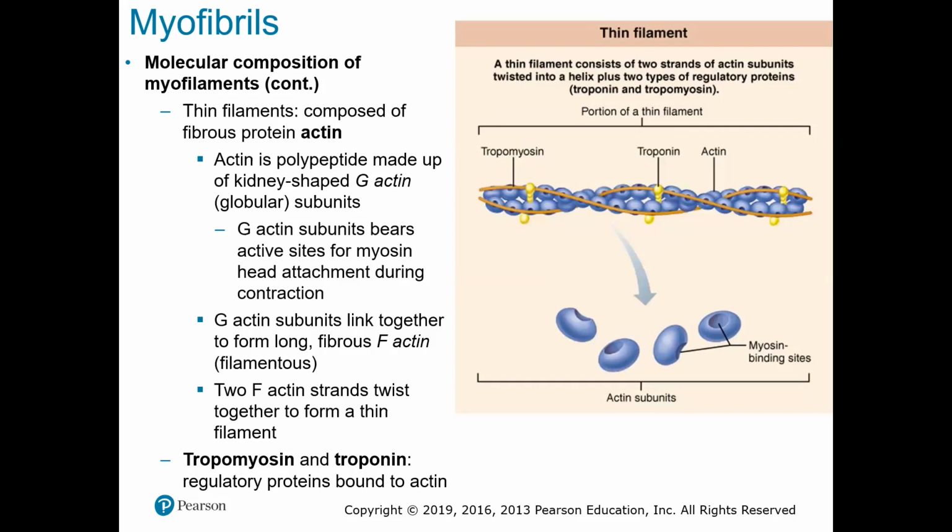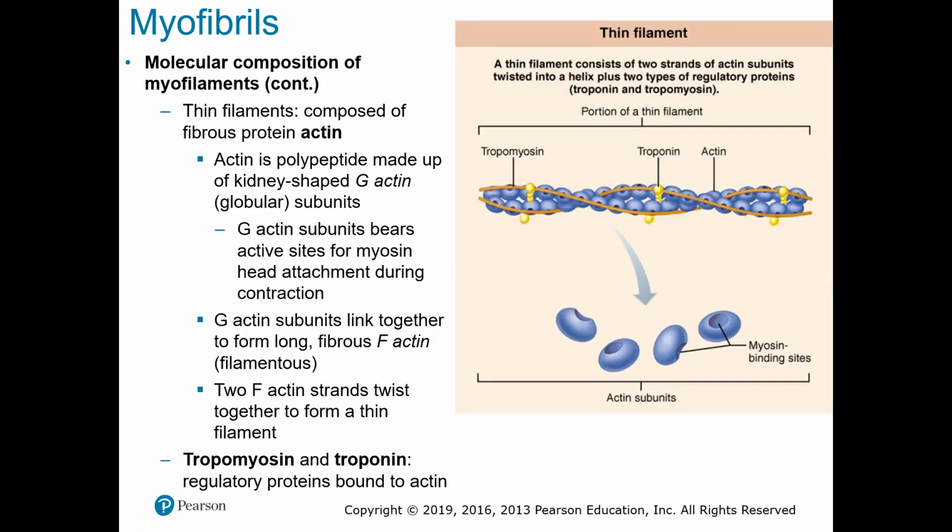Now, we have all these arrayed here. You'll notice that there is a protein called tropomyosin woven through the double helix. Tropomyosin lays on top of the binding sites. Myosin can't grab onto the actin and can't bind with the actin if the binding site is blocked. And it's blocked right now. The way you see it, the tropomyosin is blocking the binding site. There's another protein there called troponin.